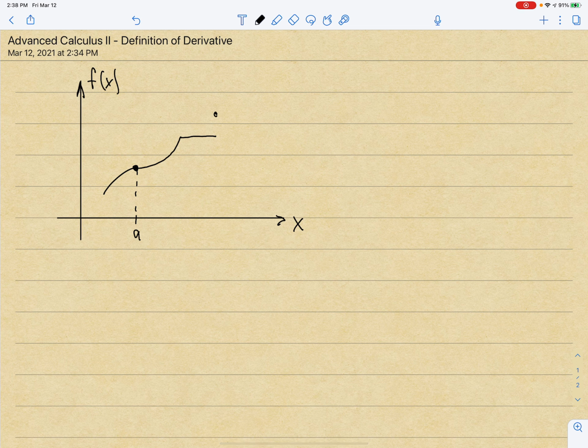Then maybe we have a jump, and then a vertical asymptote, let's say. So our 4 points are going to be A, B, C, and D.